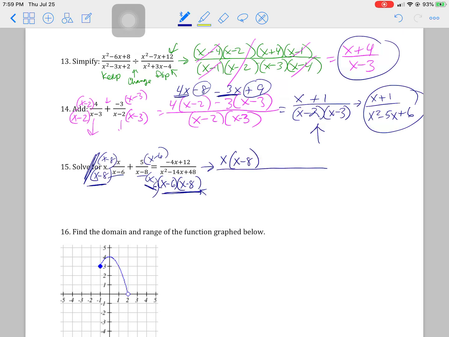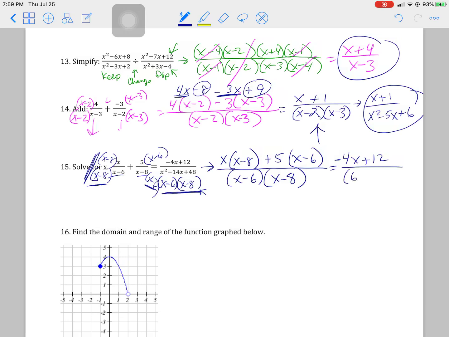And hang on, and then 5 times x minus 6, and this is all going to be over the common denominator, and then this side is going to stay the same. It's kind of an odd looking one, but that's the way you do that.